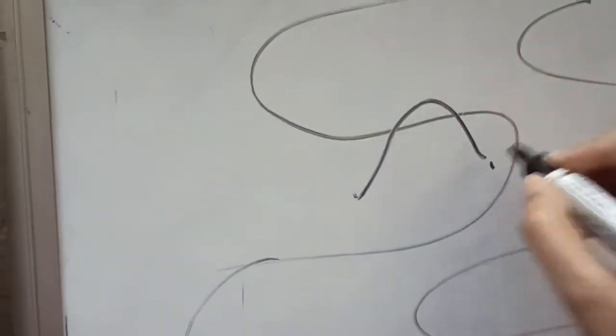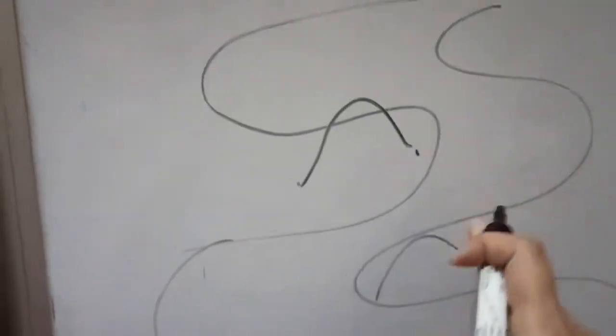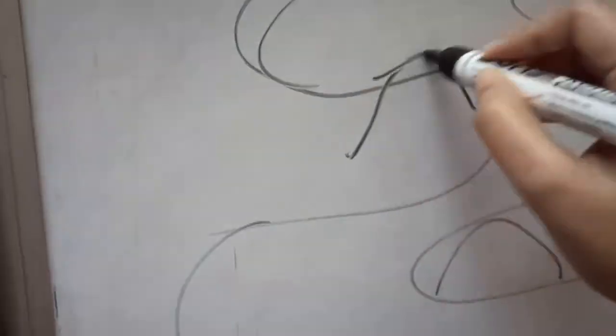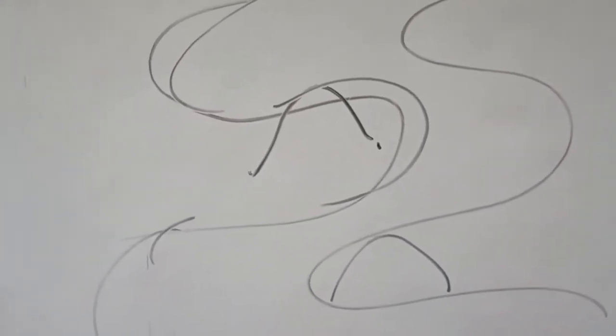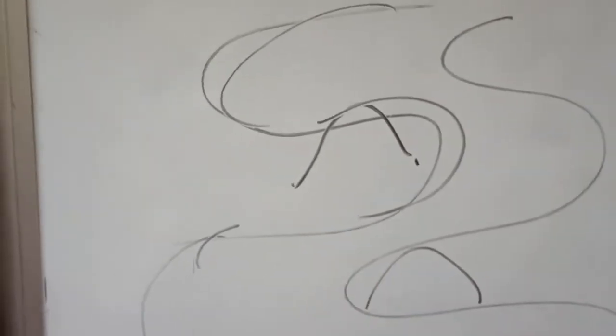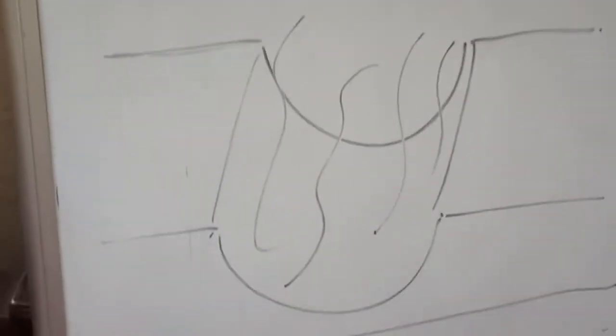As a result of that, it avoids the obstructions that are present in the path of the river, and it develops a winding channel, and we are calling this winding channel the meander.